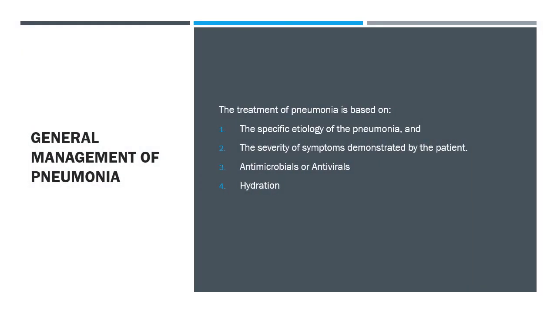So how do you manage pneumonia? You treat the underlying cause. You treat the symptoms in a viral pneumonia or mycoplasma pneumonia: antimicrobials or antivirals, hydration, cough medicine, and possibly oxygen and a ventilator if needed.